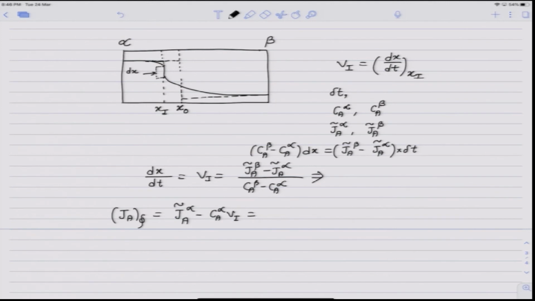This we can also consider in the beta phase, and so we can also write J̃_A^β minus C_A^β times V_i. And so, the formula for V_i can be obtained as V_i is equal to J̃_A^β minus J̃_A^α divided by C_A^β minus C_A^α.